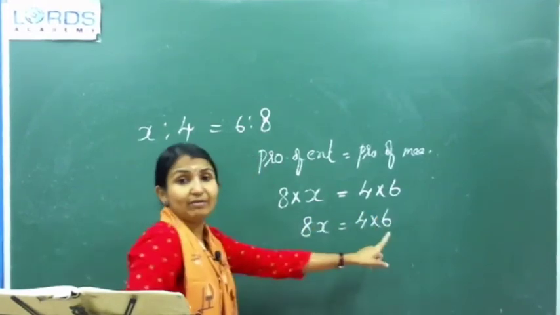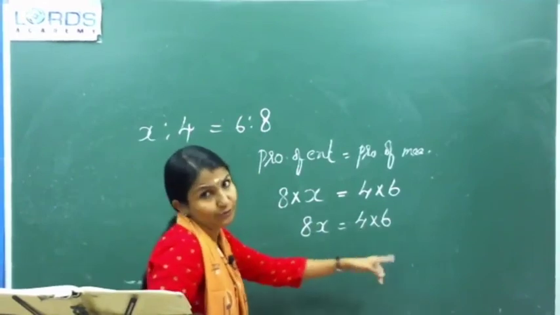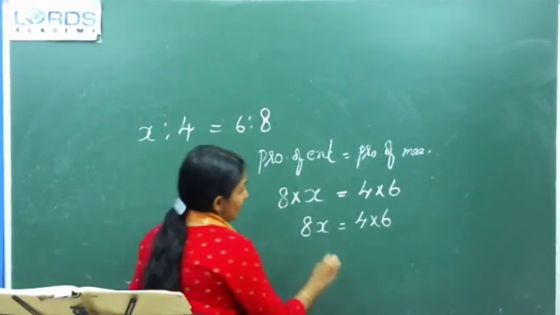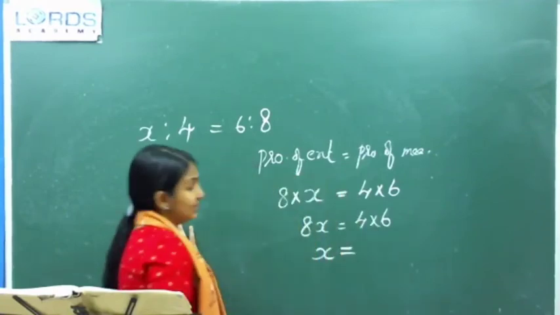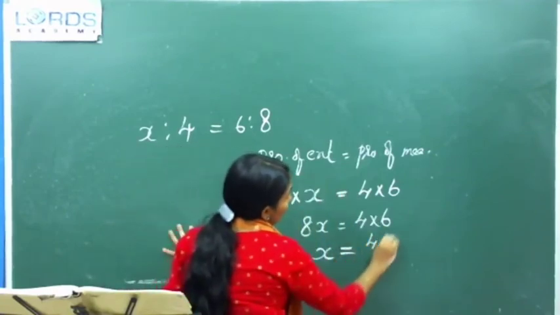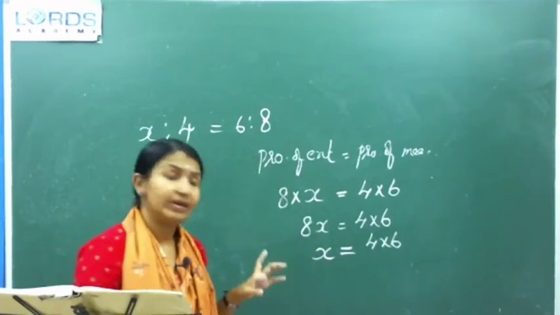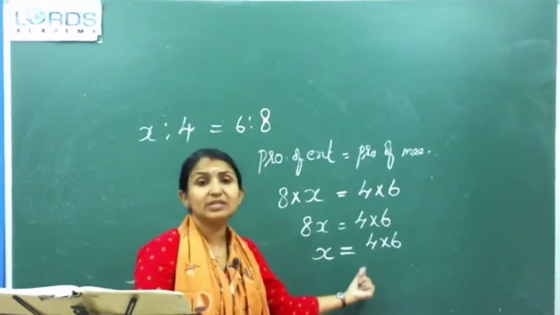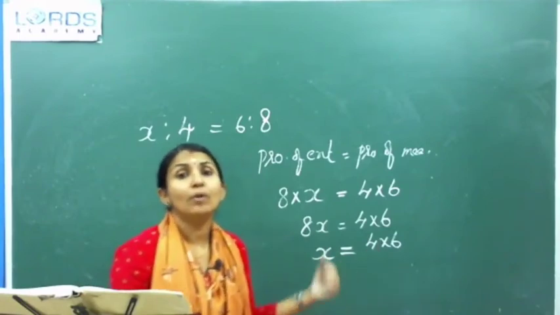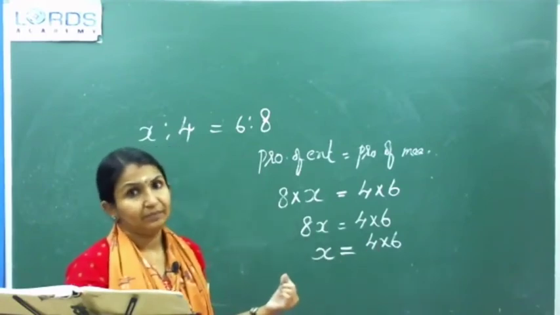If you want, you can write the answer of 6 into 4. Otherwise, just leave it like this. Now we will find the value of x. x is equal to 4 into 6, which was already there, and the 8 that is multiplying moves to the other side of the equal sign, which means the operation changes.